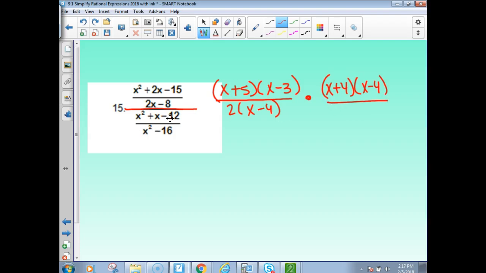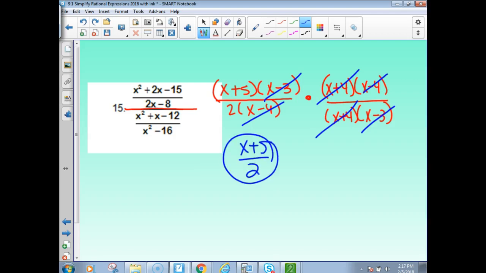And then I'll factor x squared plus x minus 12, which would be x plus 4, x minus 3. Okay, I'll start canceling stuff. Oh, vertical cancellation. All I have left is x plus 5 over 2.